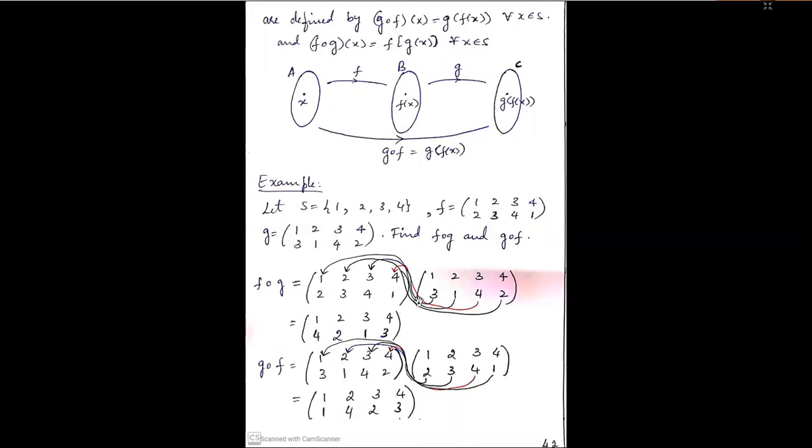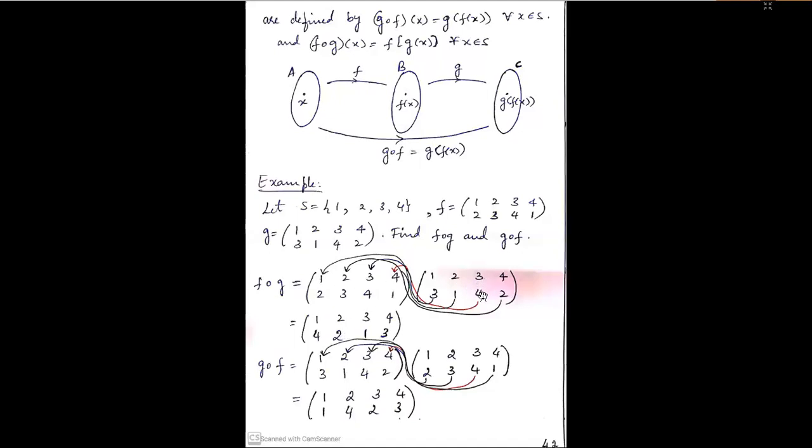And here you first operate G. So 1 is mapped to 3, and then 3 is mapped to 4. So you write it as 1 is mapped to 4. Next, 2 is mapped to 1. Here 1 is mapped to 2. So 2 will be mapped to 2.